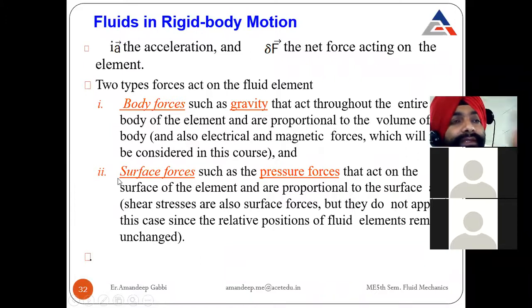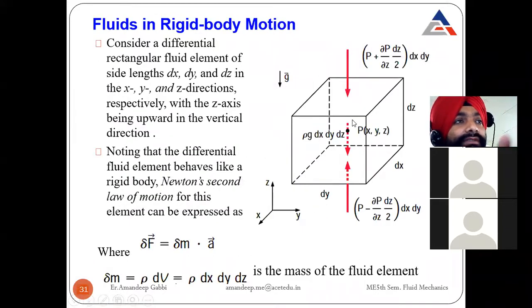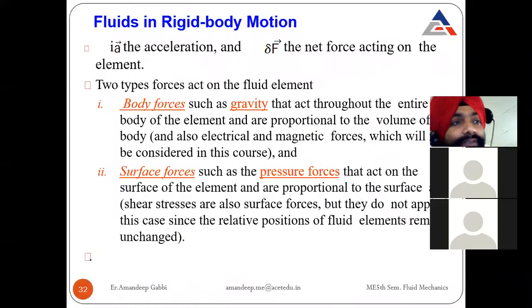When this particular fluid element is moving in the upward direction and the downward direction, then there will be two types of forces. One is body force, that is the weight of the particular element, and that is gravity that acts throughout the entire body of the element and is proportional to the volume of the body.